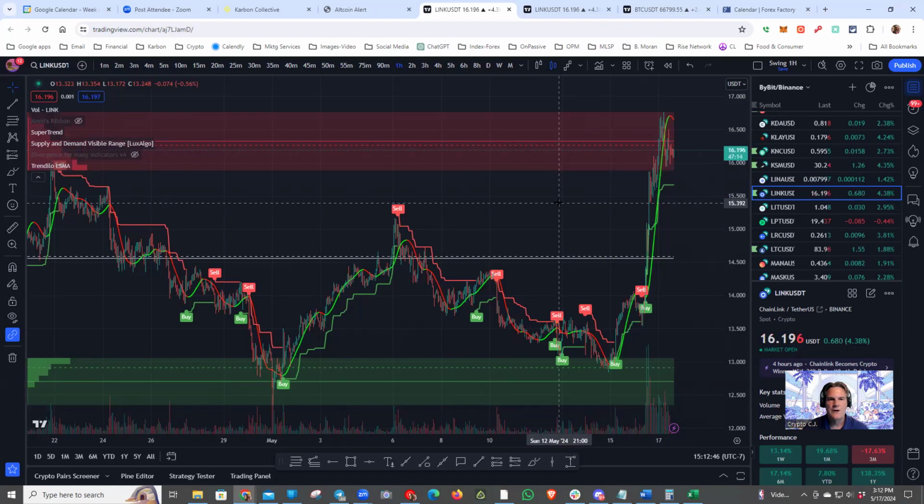I use it on the day chart and the 4-hour chart, but I don't usually go below that. Once we start breaking all-time highs again, I think there could be some value in this tool here, the trend-based fib extension. But I'll wait till we do that to talk about it.